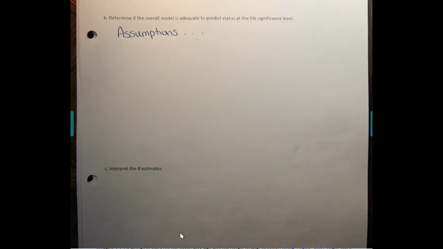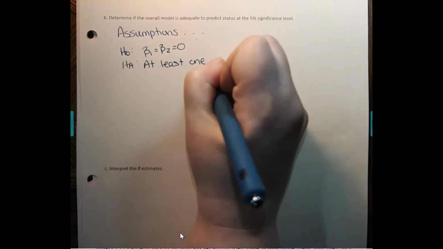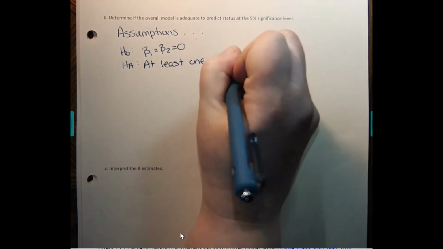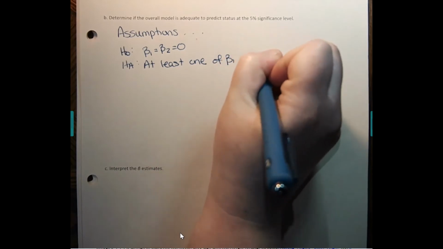There's not really a consensus on what all of the assumptions are, so we're just going to gloss over that and assume they have been met. Under the null, beta 1 and beta 2 are equal to 0, pretty much exactly the same as what we would have done before, and the alternative is that at least one of beta 1 or beta 2 is non-zero.